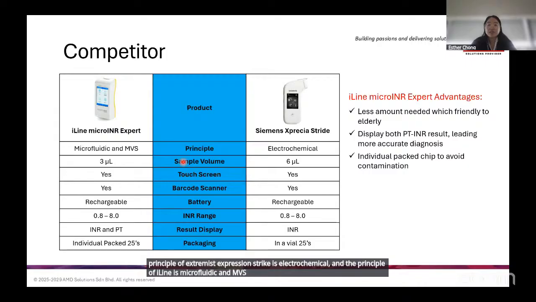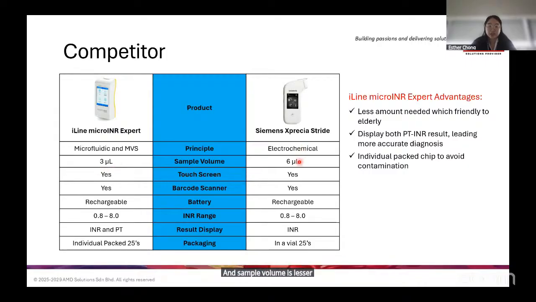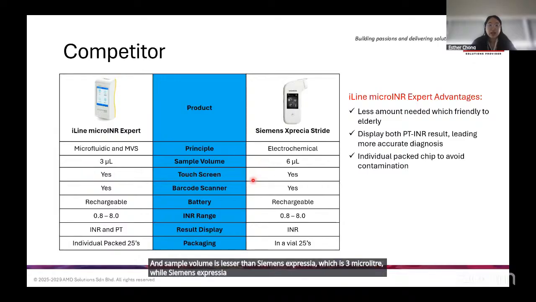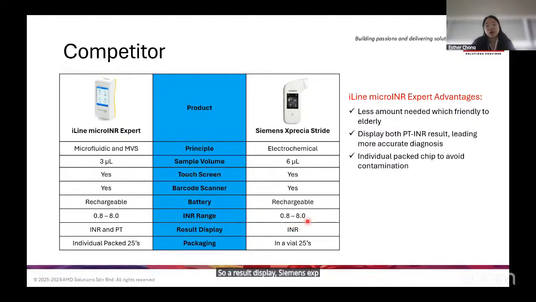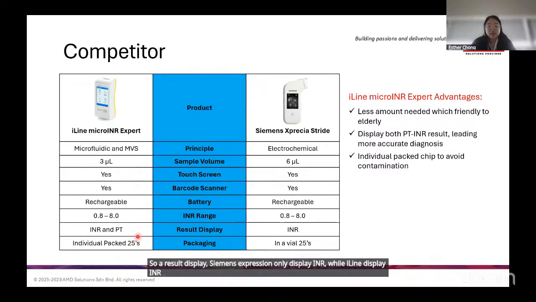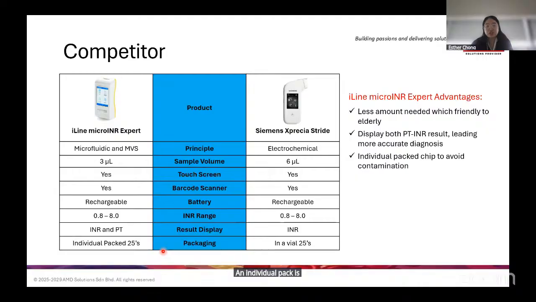The sample volume is less than the Siemens Xprecia, which is 3 microliters, while the Siemens Xprecia is 6 microliters. For result display, the Siemens Xprecia only displays INR, while iLine displays INR and PT results. For packaging, iLine is individually packed, with 25 chips in one box, and individual packing helps to avoid contamination between the chips.